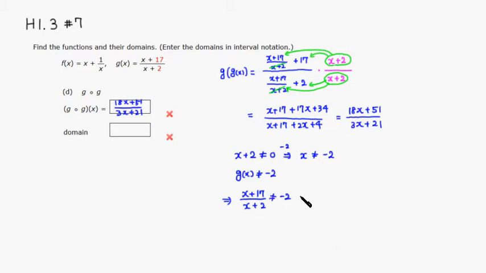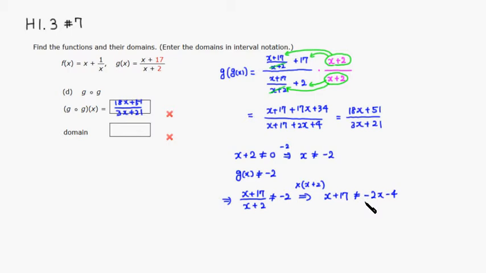Then we multiply both sides by the quantity x plus 2. You get x plus 17, because the x plus 2 on the bottom cancels out, cannot be equal to negative 2 times x plus 2, so negative 2x, and negative 2 times 2 is negative 4.